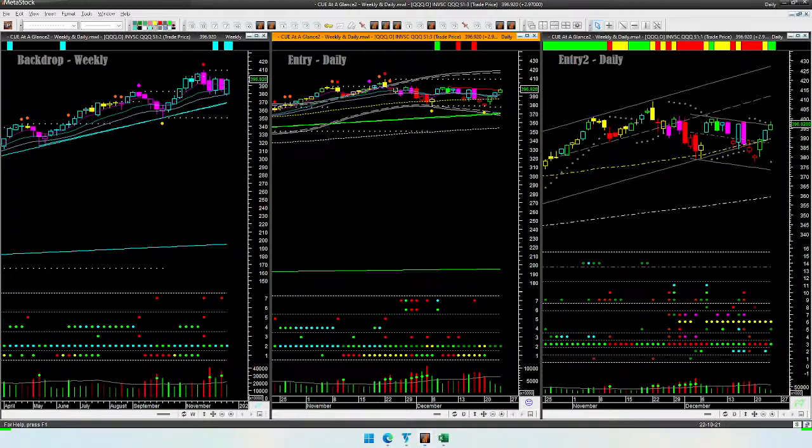For QQQ, the answer is it is moving sideways because it has trendline resistance and support. In the weekly, we can see for 4 weeks, it's not going anywhere. Down, then up, down, then up, not going anywhere, and that we can see more clearly from the daily that it is bound between trendline resistance and support.